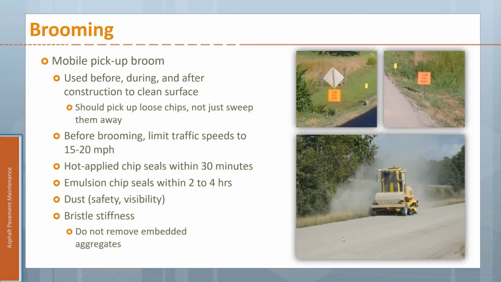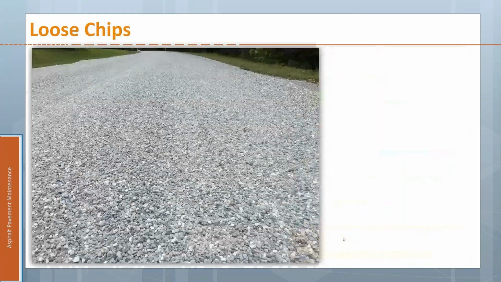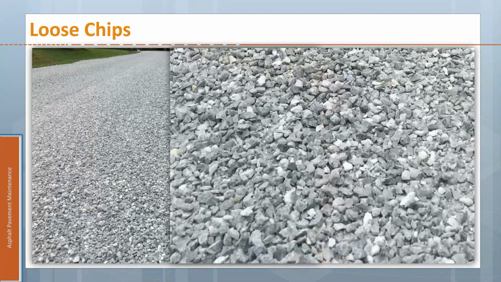your chip spreader was. So in this example, you can see there's a lot of loose chips. We really can't see any binder at all. And I can see lots of places, if we look up close, where I've got chips on top of chips that are clearly not seated in any binder. Those are just loose.